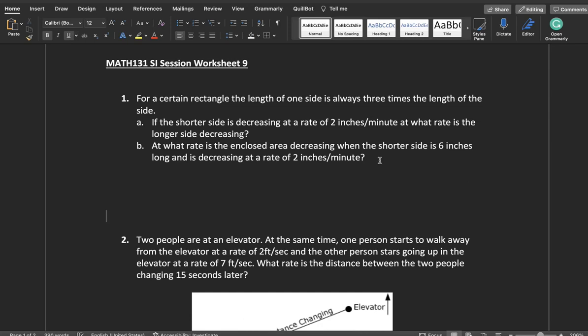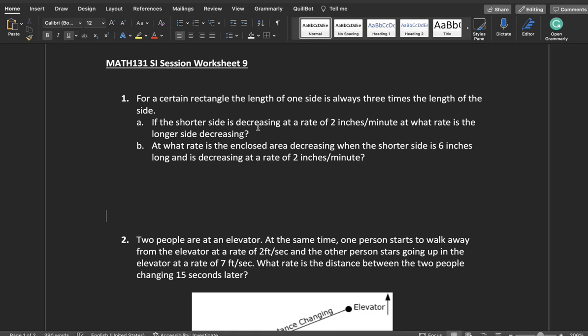Question one is telling us that we have a certain triangle that has a length on one side, right, that is 3 times the length of the other side, okay? And we're asked that if the shorter side is decreasing at the rate of 2 inches per minute, or at this point you could just put 2 inches per minute or 2 centimeters per minute, so don't stress too much about the units here.